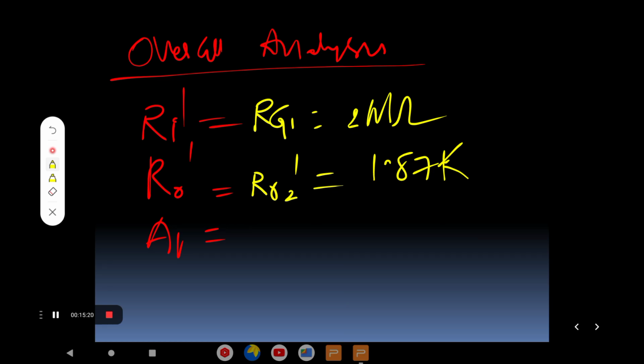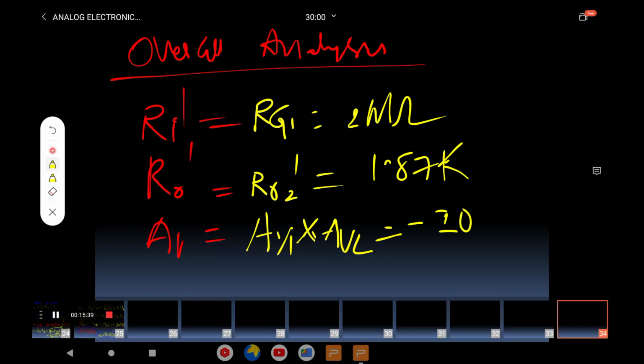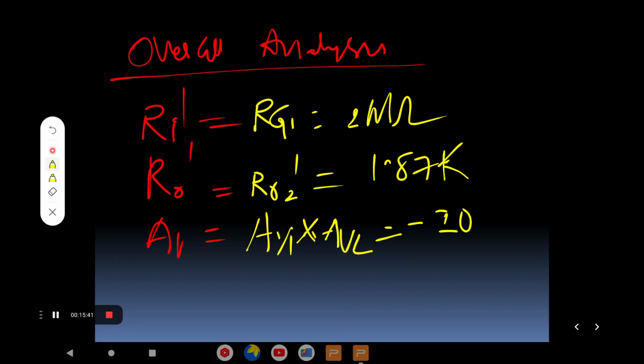At the same time, the voltage gain is the product of AV1 and AV2.